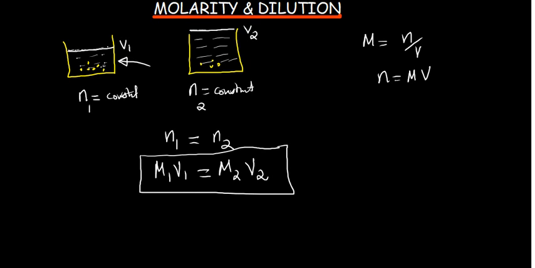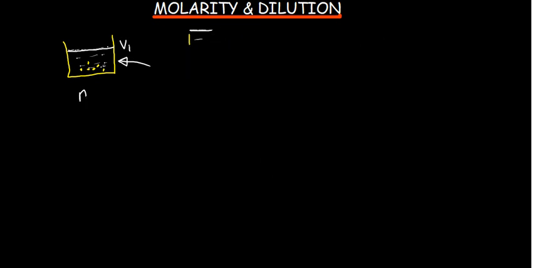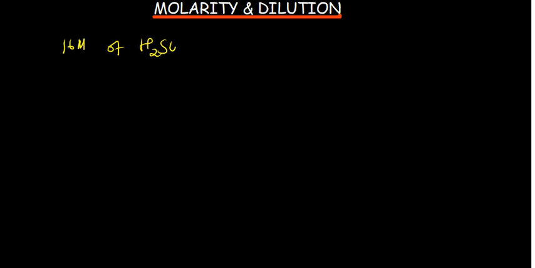So how can you apply this equation now? The only thing that changes when you're adding water to something is the molarity or the concentration and also the volume, but the number of moles of particles still remains the same. So let's say you've been given 16 molar of sulfuric acid, and to this 16 molar of sulfuric acid, you add water, and the final volume after adding water is now 1.5 liters.